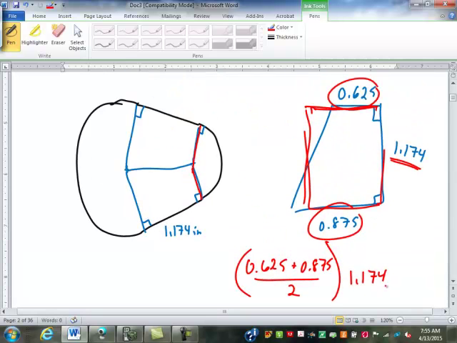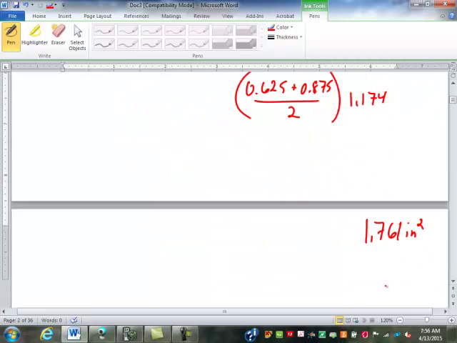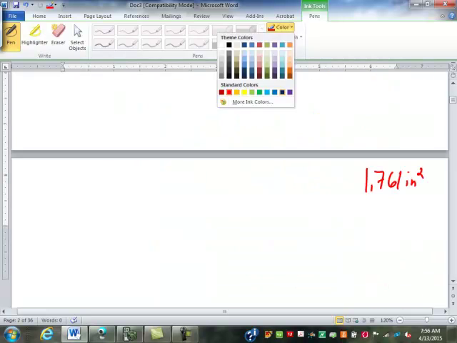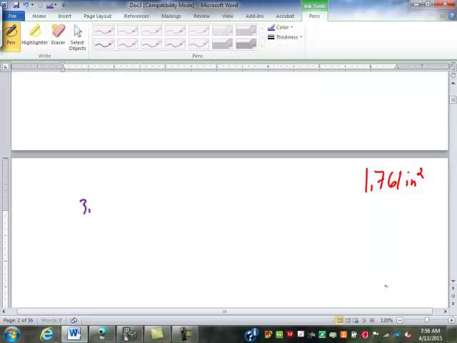Let's look at this one again. This angle here, 155.96 degrees. So that area, just like with the arc length, where I found the circumference of the whole circle and times that angle over 360, area is the same way. We find the area of the whole circle. So that'll be pi times radius of 0.625 squared times the angle 155.96 over 360.